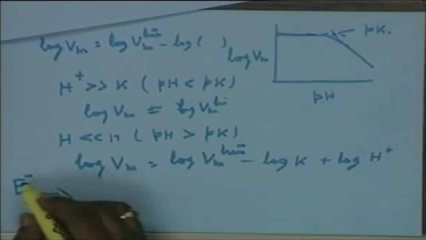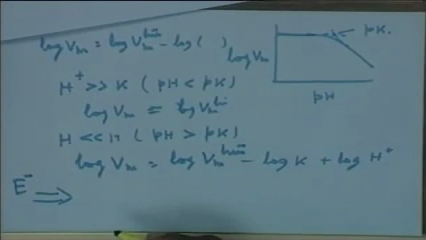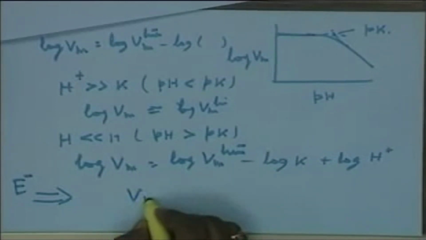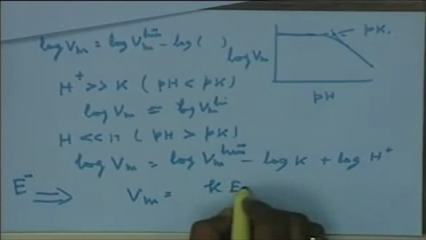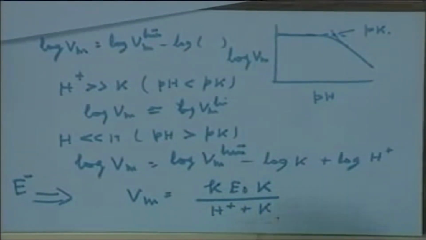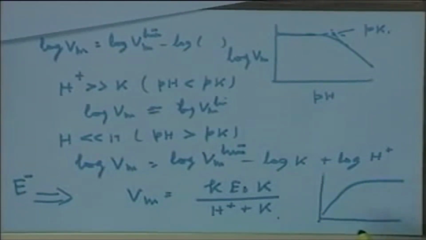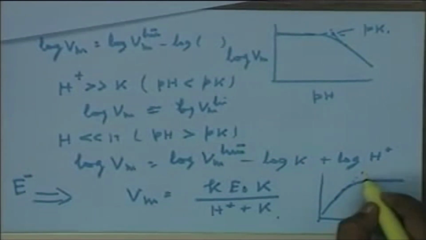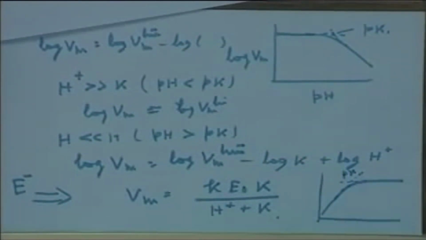In the case where E minus is the active form, Vm is equal to k E naught K upon H plus K, and you can again analyze it in the same way, and the profile obtained will be the reverse of this, and again you get the pK value. So, the only difference will be that the direction of the pH effect is changed, and obviously the analysis will remain on identical lines.